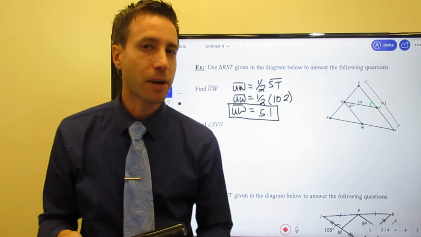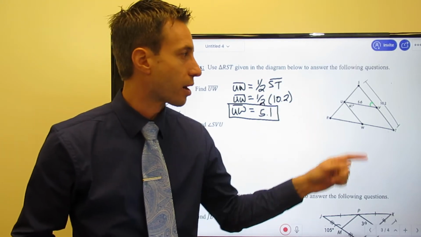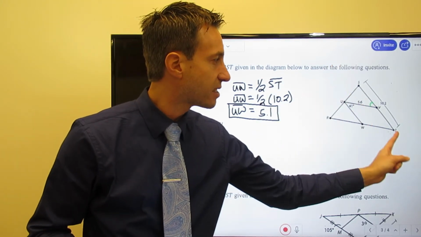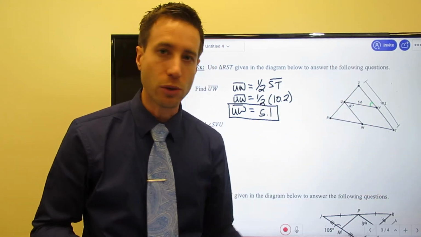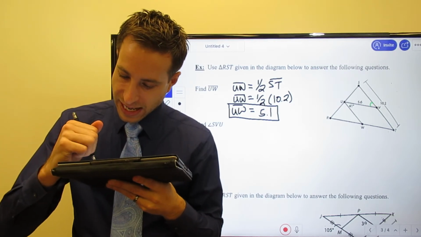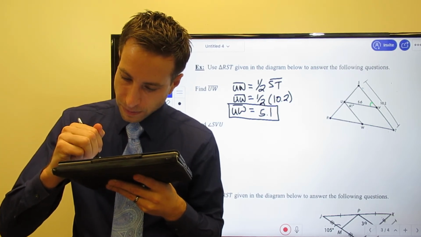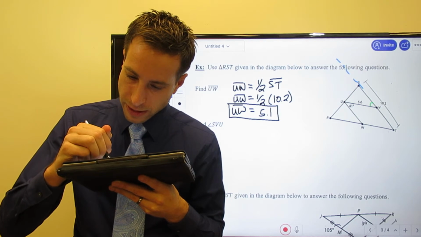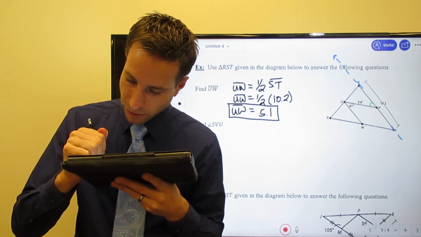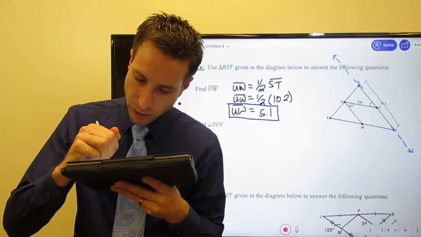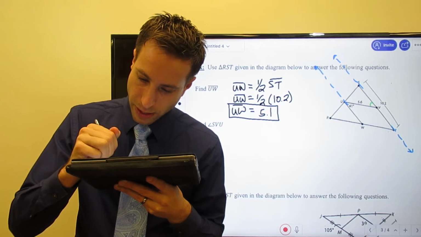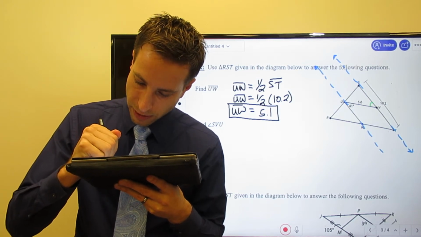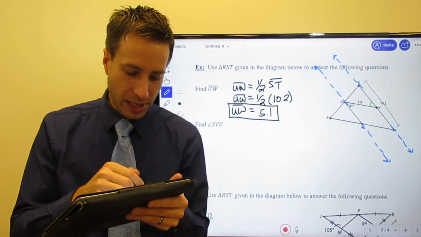I'm going to use dotted lines to extend ST and UW. So I extend ST a little bit further in this direction and in this direction, and I extend UW a little bit further in both directions. Here's what I know about those guys.